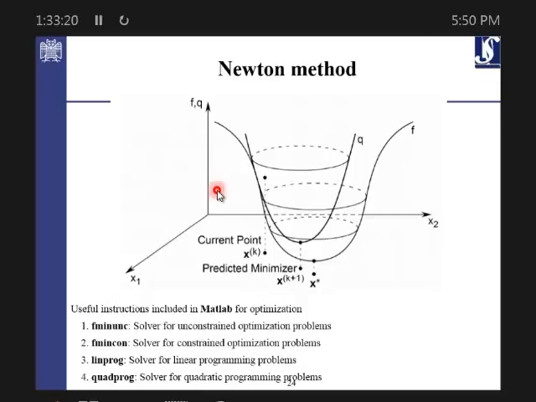So it makes the tangent and gets the value of the tangent, and then continues for the next ball, making a tangent. If that's decreasing, it means you're going to the minimum. And if it's increasing, it means you're already past the minimum and you have changed the curvature. So then you have to stop.